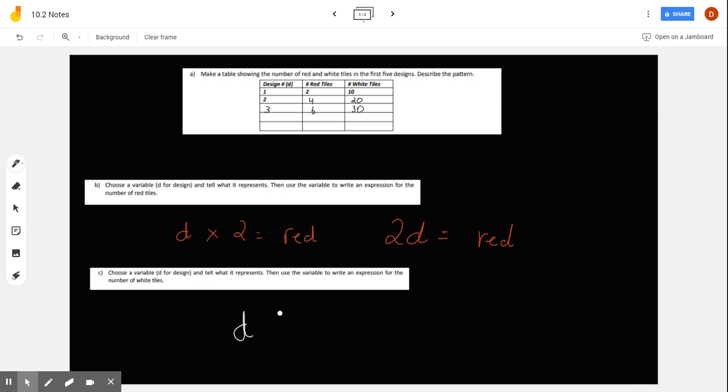And it's going up by 10. And so we will discover that 10 times the design number is going to equal the number of white tiles. And again, we wrote it like mathematicians and the math gods like. We don't want another variable in there, so we know that this is the numerical coefficient, and this is the variable, and that means to multiply.